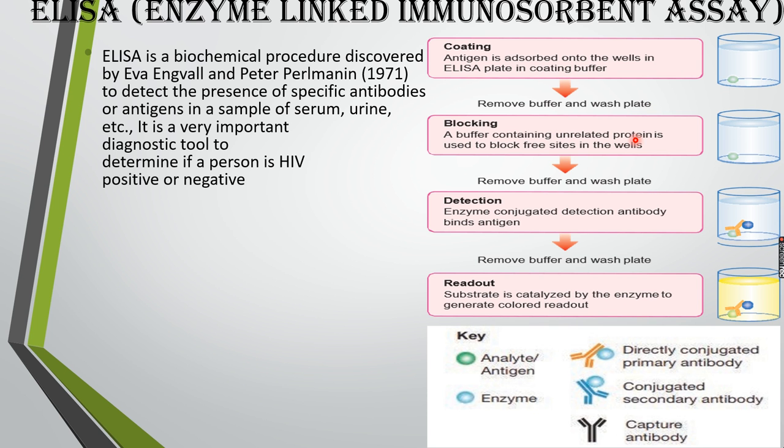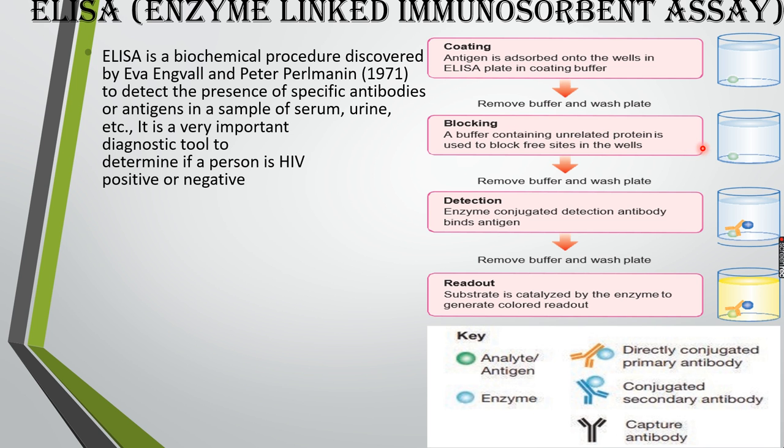If the buffer contains unrelated protein, while we are testing for HIV antigen or HIV antibodies, there is a chance that unrelated antigens, pathogens, viruses, or bacteria can block the free sites in the wells. So the free sites in the particular region can be blocked. To prevent that, we are washing it. A buffer containing unrelated protein is used to block the free sites in the well.